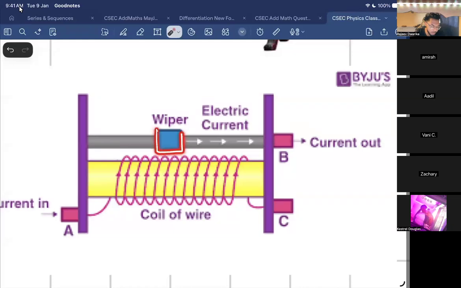If the wiper was in one fixed position, you wouldn't get any variables. I wouldn't be able to change the resistance. However, you see this wiper over here, you could actually move it. You could slide it along this rod. If I put the wiper over here and it makes contact with this wire over here, it's going to have a very low resistance. If I slide it along to the end here, what do we think will happen?